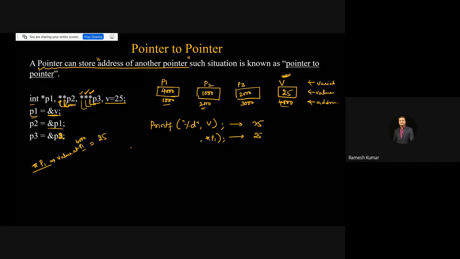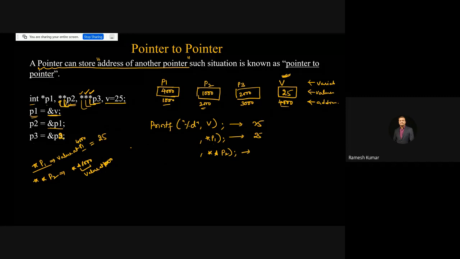Suppose you want to get the same value with P2: star star P2. Look at it. What is P2? P2 is 1000. The first star says value at 1000 location.